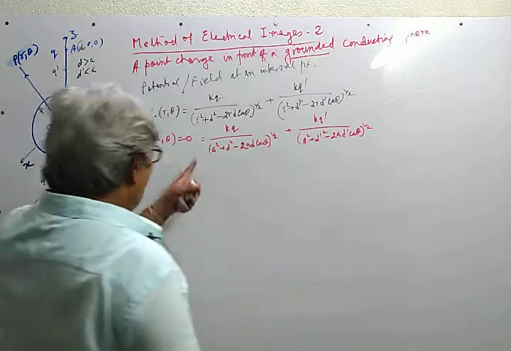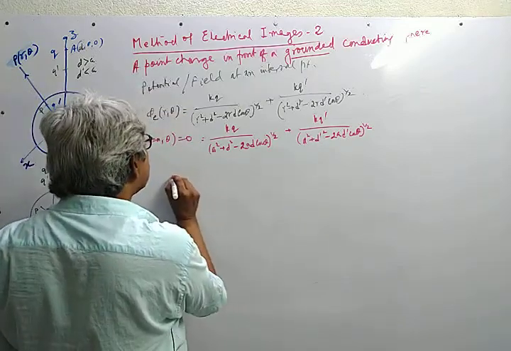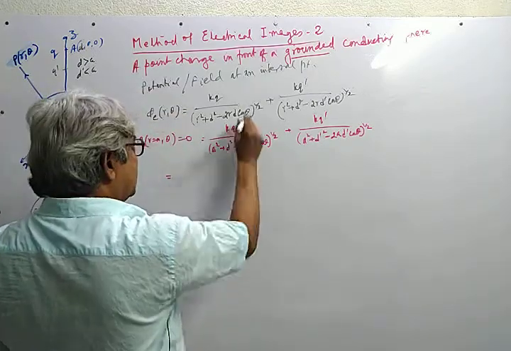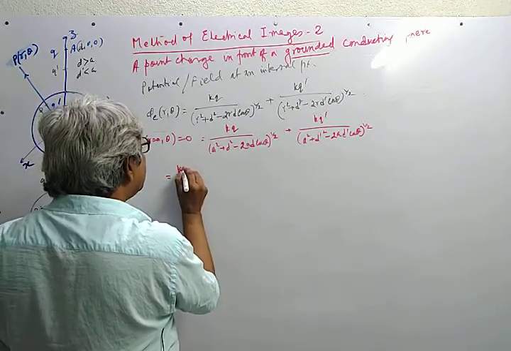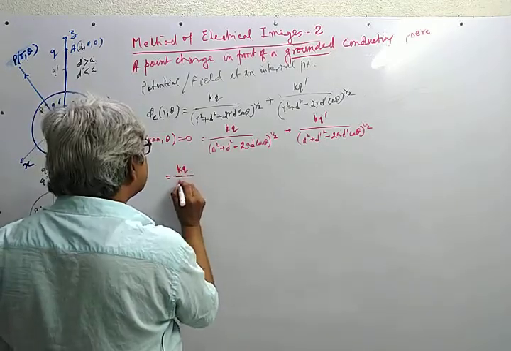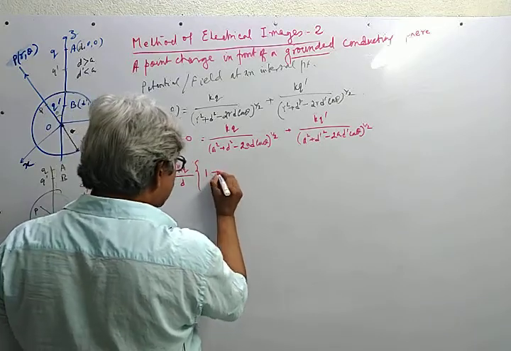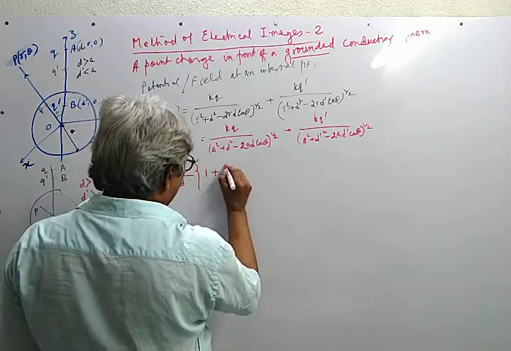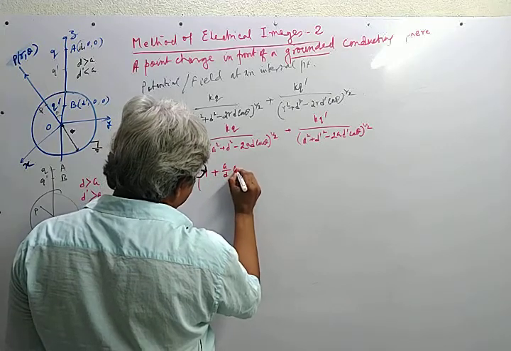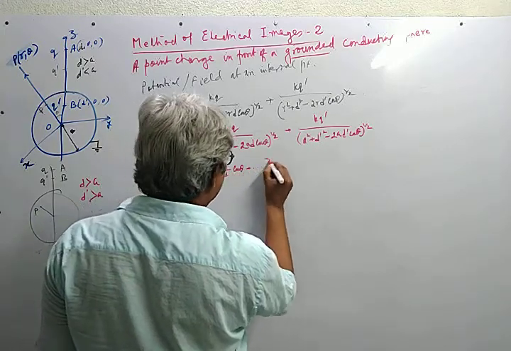So we expand this in Legendre polynomials as we did in the other case. For the first term, it is 1, then a by d cos theta plus higher order terms.